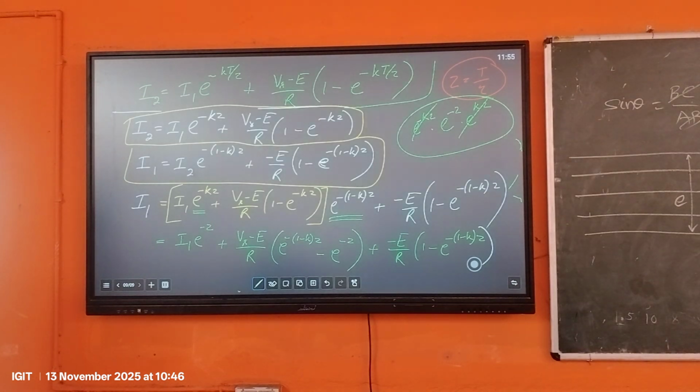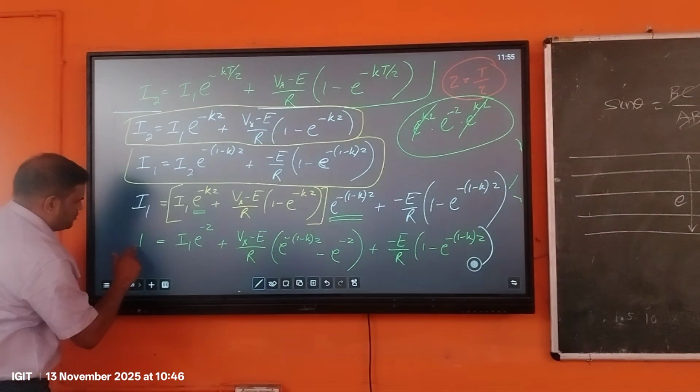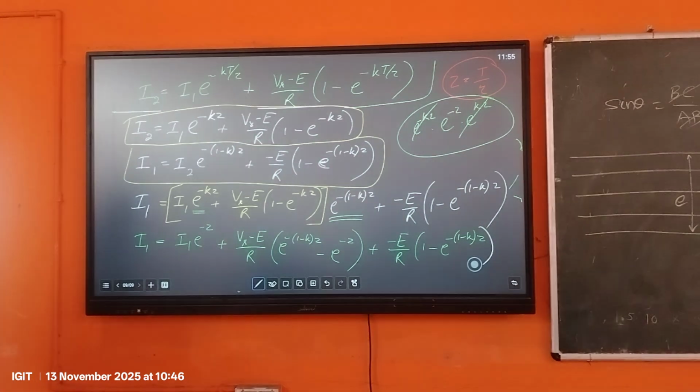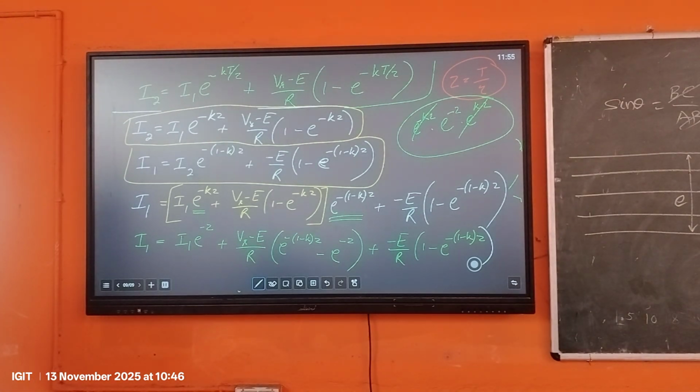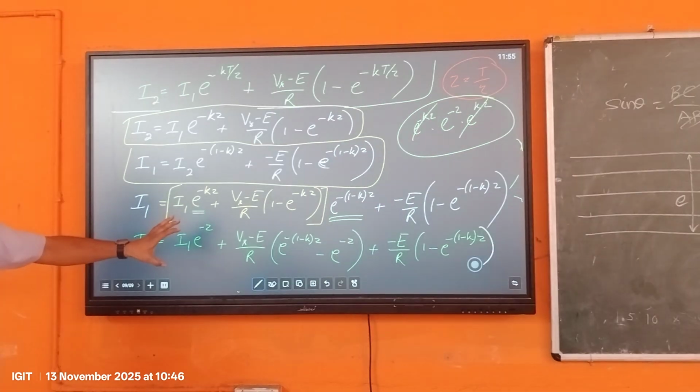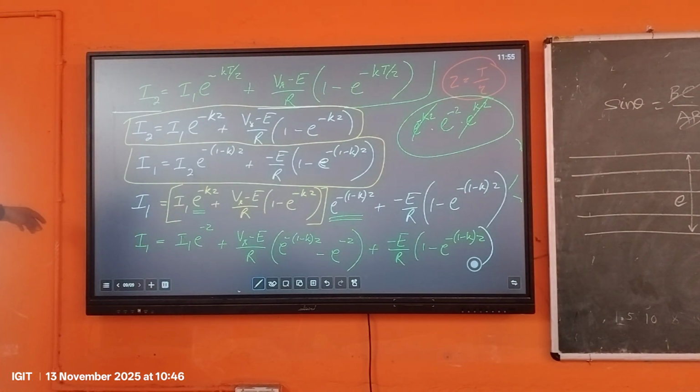This is okay? Just check. This is I1, left hand side. Now after this, the equation is going to be very, very simple. Up to this we have to be very careful, because if by mistake we miss something, the entire equation is going to be wrong.